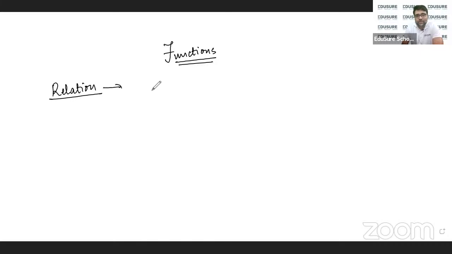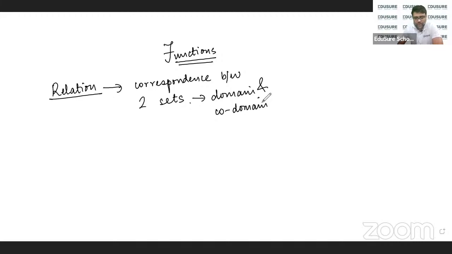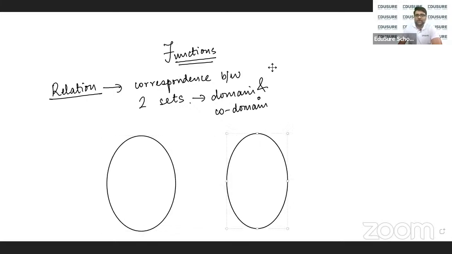Relation is a correspondence between two sets, namely the sets called domain and codomain. So any sort of a correspondence or mapping between two sets is called a relation.